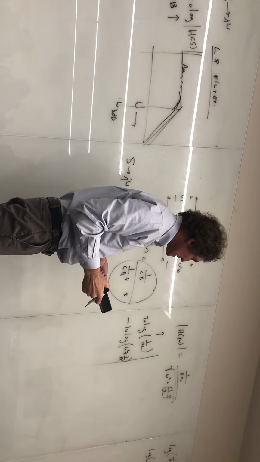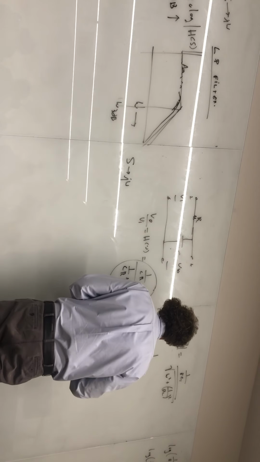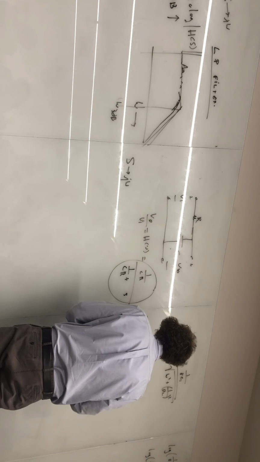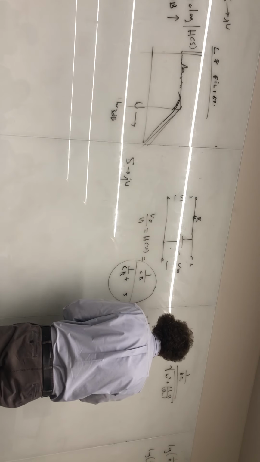If you want, you can actually leave the 1/2 inside. Maybe I will. I'm going to make that 20, and I'll leave the square in there. So it'll be square root of omega squared plus 1 over RC squared.